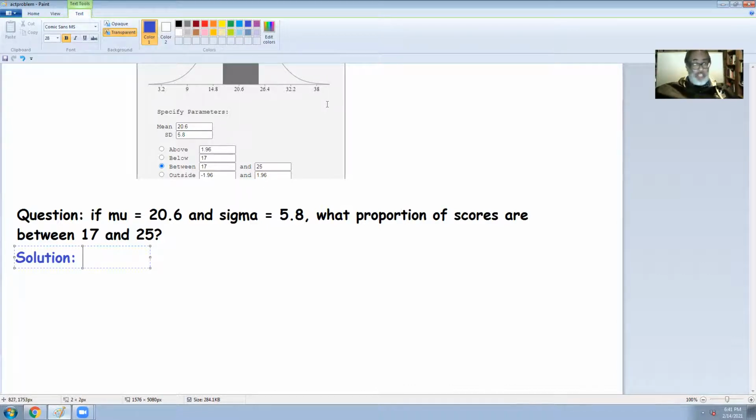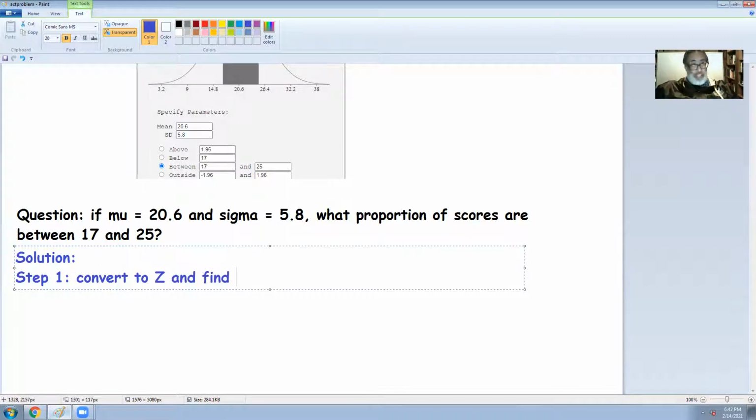So step one: convert to Z, standard normal, and find the proportion of scores less than 25.